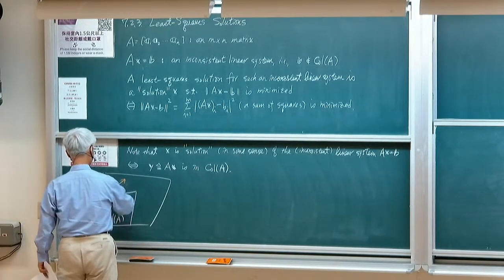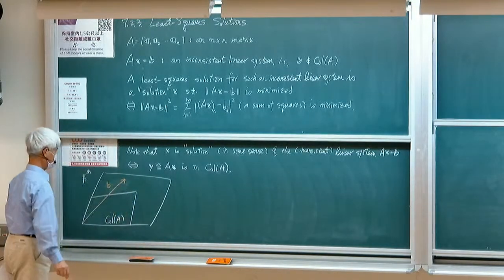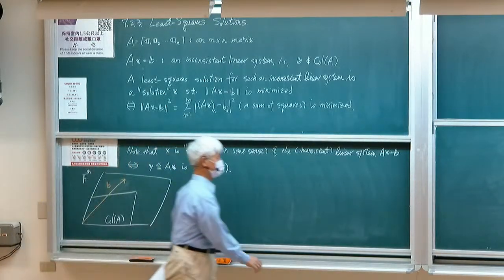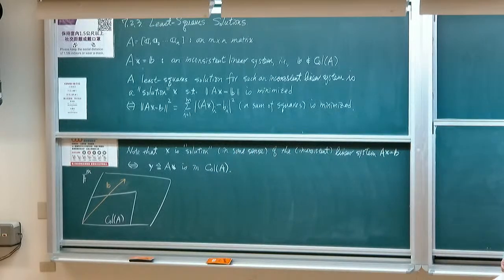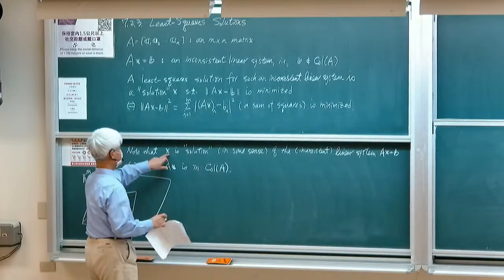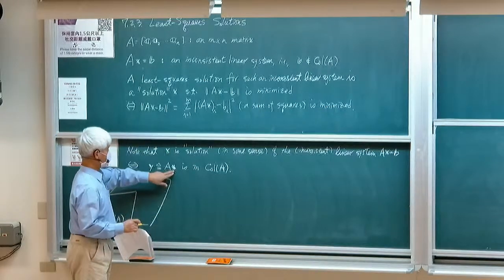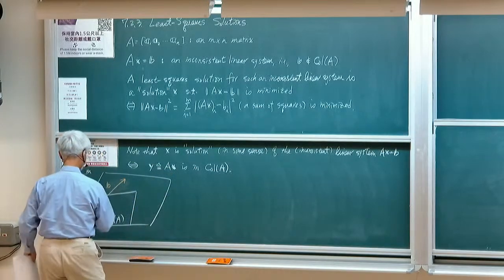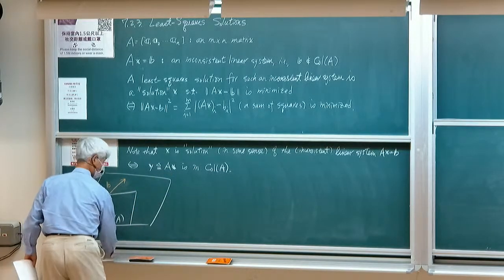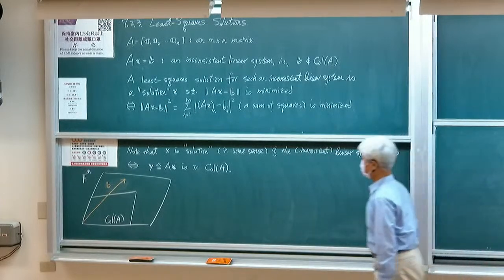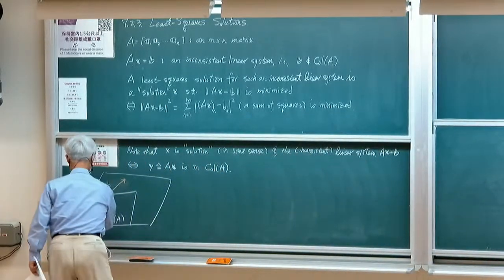So this is B, and B is not in the column space of A. We try to find a vector Y, because if you have a solution X here, then A times X should be a Y in the column space.